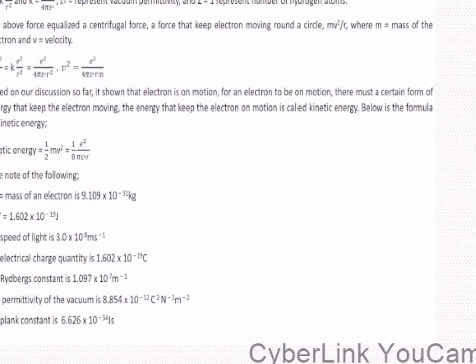Below is the formula for kinetic energy. We have kinetic energy, KE equals half of mv squared, equals 1 over 8 of e squared over pi epsilon r.